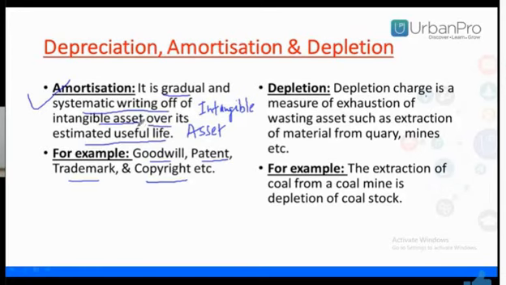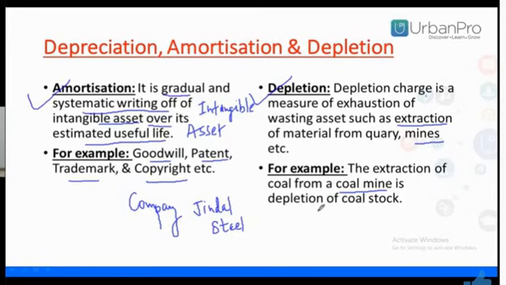Now let's understand the meaning of depletion. Depletion we charge on mines, or the material we extract from mines. For example, from mines we extract coal or other minerals. Some companies, have you heard the name of Jindal Power, Jindal Steel, are involved in extracting minerals from mines.